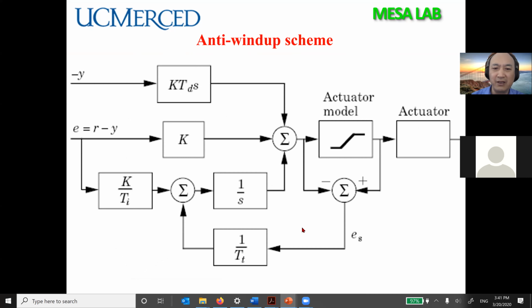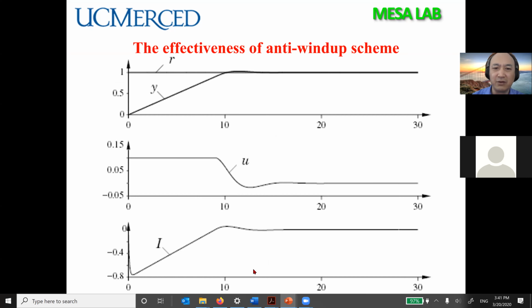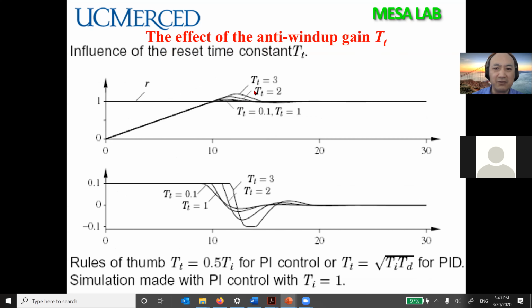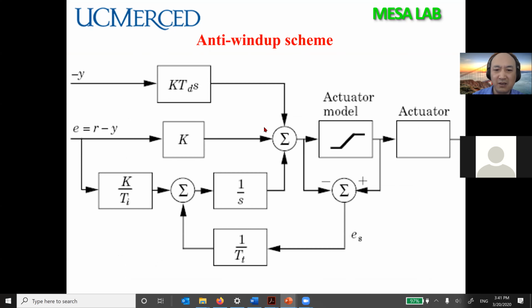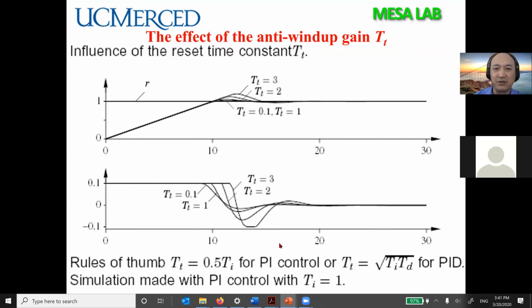Of course, depending on the gain here, the behavior will be different. If Tt is infinity, this is 0. The bigger Tt is, the bigger the transient, as if you don't have it.